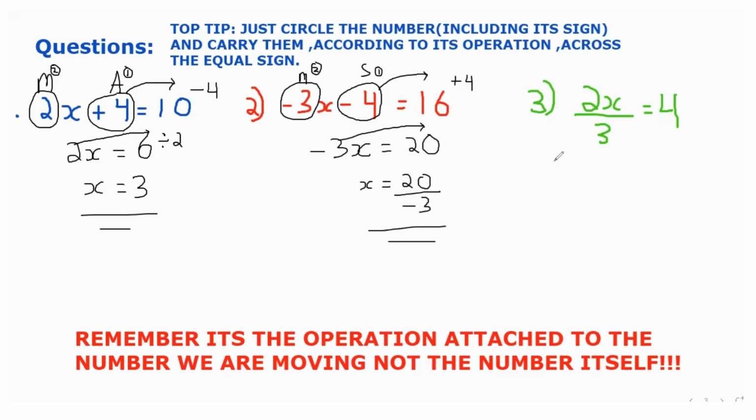Last but not least, 2x divided by 3 is equal to 4. What operations am I seeing here? This 2 is under multiplication, and this 3 is under division. This is a different operation combination. So in SOMDAS, M is before D, so M is first and D second.